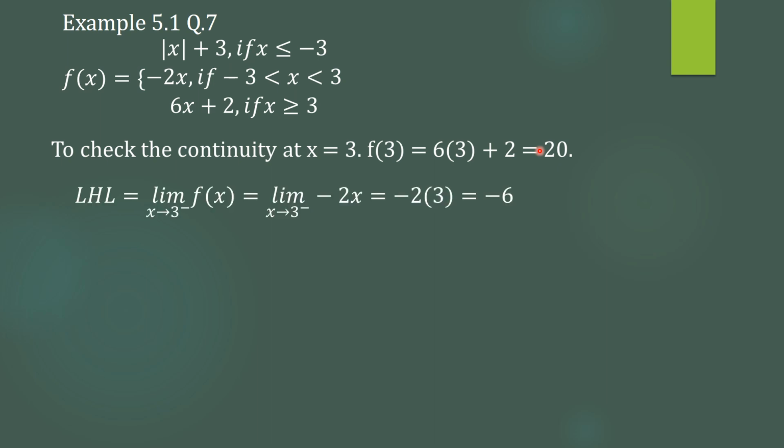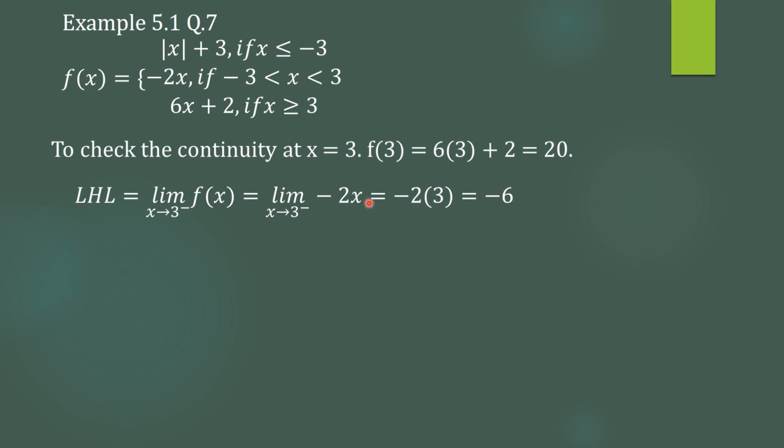Now we will find the left hand limit. Left hand limit means we have to select the function given for x less than 3, and that function is minus 2x. So the limit as x tends to 3 minus of f of x is equal to the limit as x tends to 3 minus of minus 2x, that is equal to minus 6.